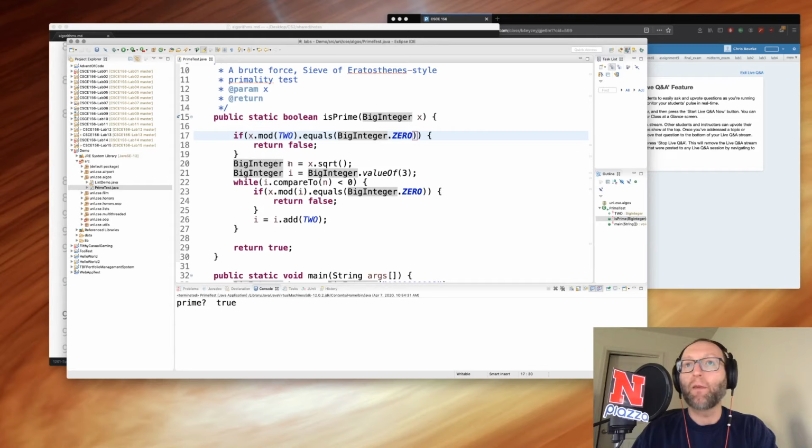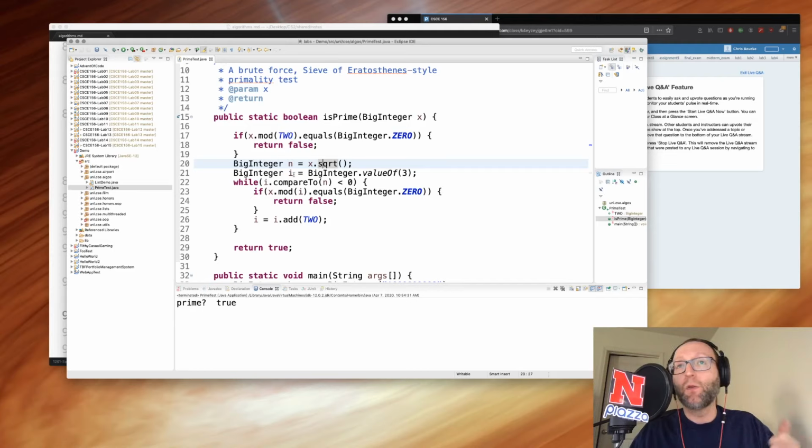Then I compute the square root of x. I have i here which starts at 3, and while it's less than or equal to the square root of x, I test to see if i divides it. I called it i here, and I called it d over in my pseudocode.